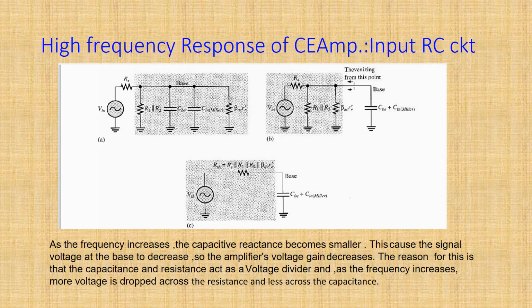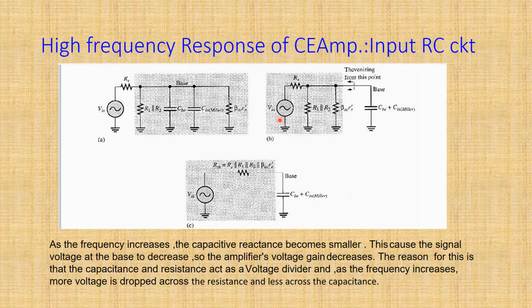The high frequency response of the CE amplifier consists of two parts, one at the input side and another at the output side. So we will be calculating the higher cutoff frequency at the input and the higher cutoff frequency at the output, due to the capacitances CBE and C in.